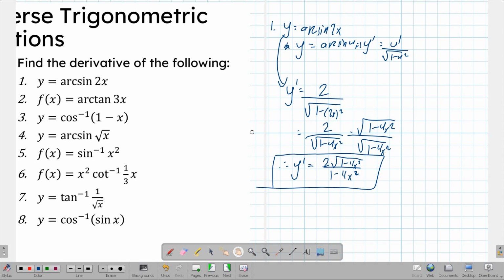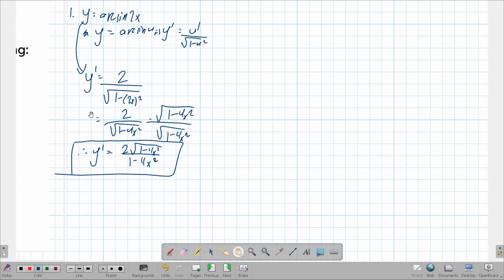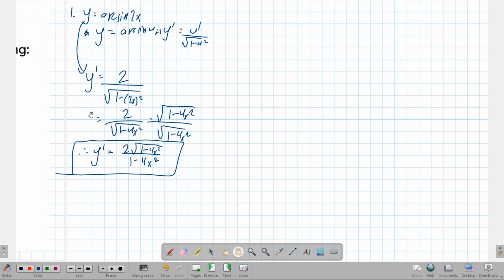This is a different function that's more complicated. Now we're looking for y is equal to inverse cosine of 1 minus x. What would be the derivative of this?